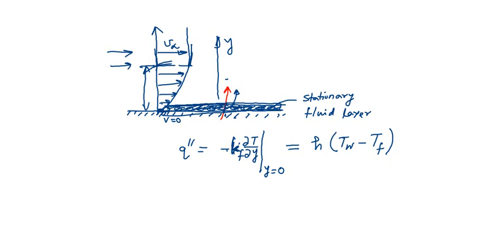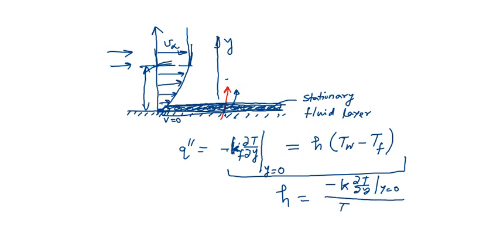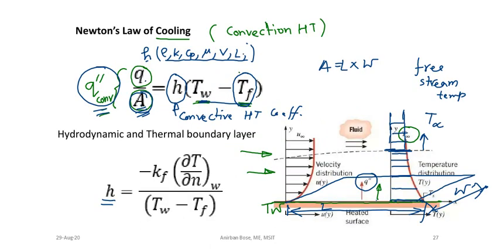So from this comparison, h can be written as minus k into del T del y at y equal to 0 divided by the temperature difference. In this way we can also define the value of h.